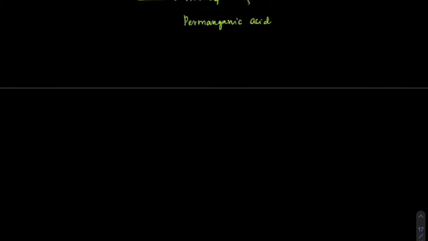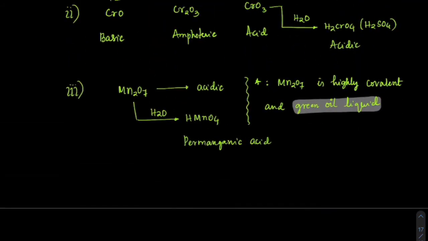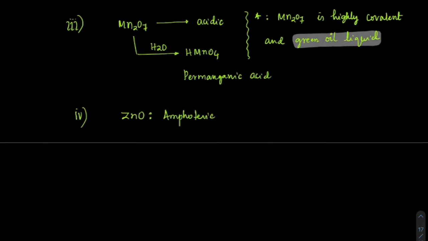Right. The fourth thing we will check out is zinc. ZnO is amphoteric. We can showcase that when you treat it with HCl, it will act like a base and become ZnCl2 plus H2O.